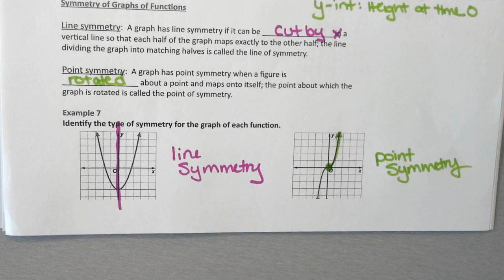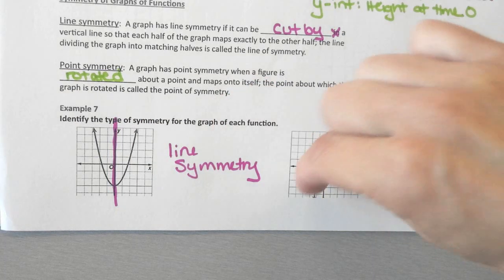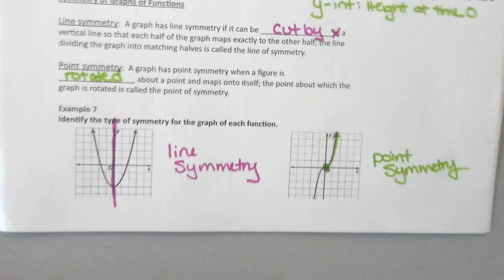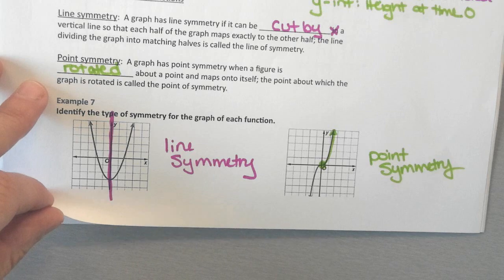I'm thinking about my graph having 2 arms. Here's one of them. If I take this arm and I rotate it 180 degrees, is it going to land right on top of itself? That's rotational symmetry. So here we're thinking fold and it'll land on top of itself. Here we're thinking rotate, and it'll land on top of itself. Or pivot, whatever word you want to use there.